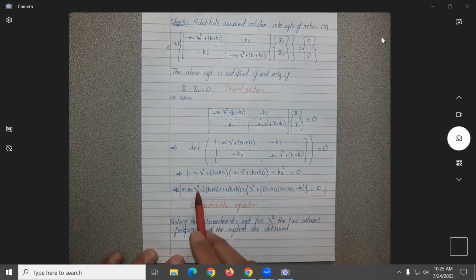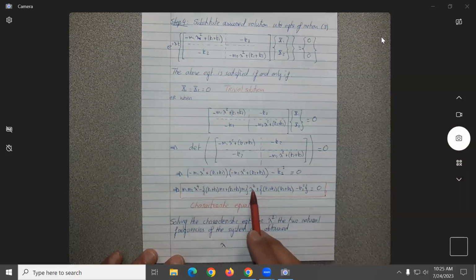So what would be this one? This will be lambda square to the square, no? And this will be lambda, correct? So this becomes like a quadratic equation, where the solution will be given.